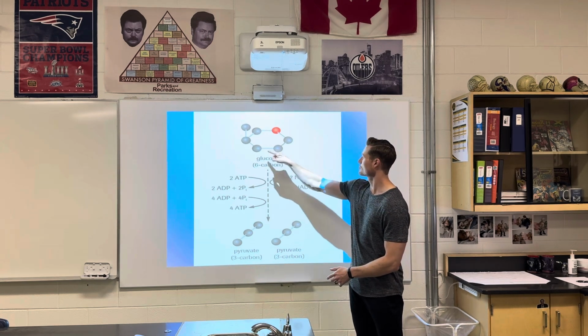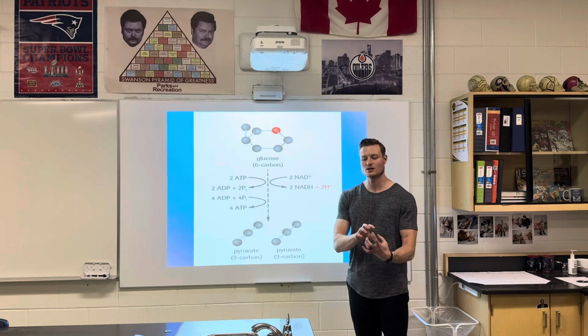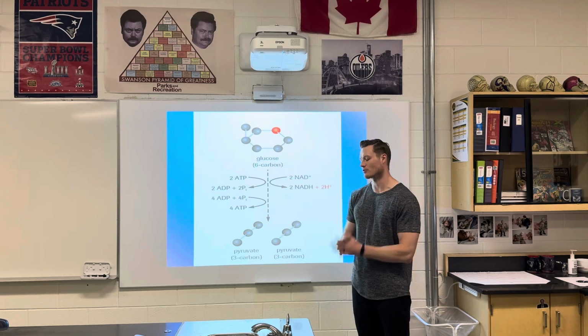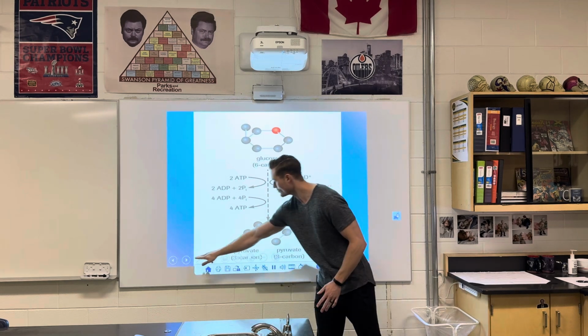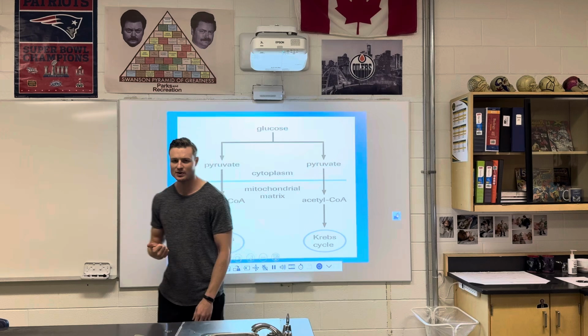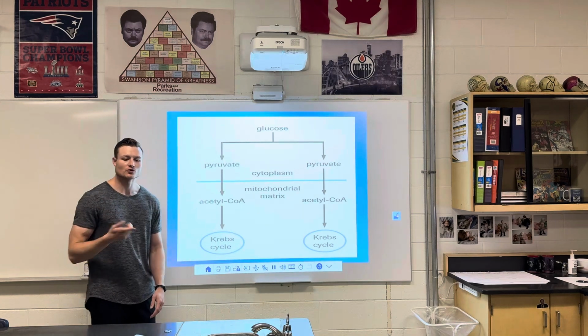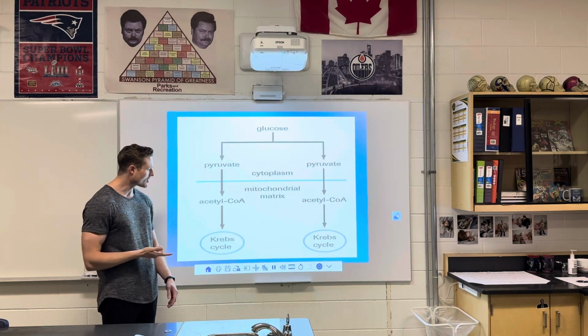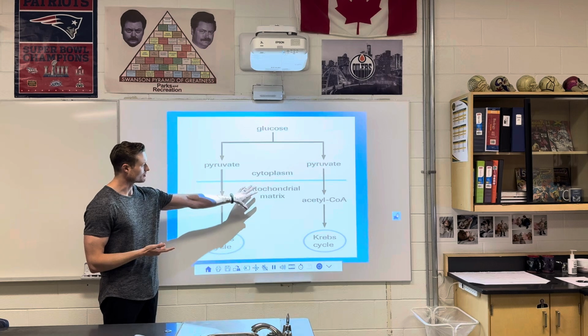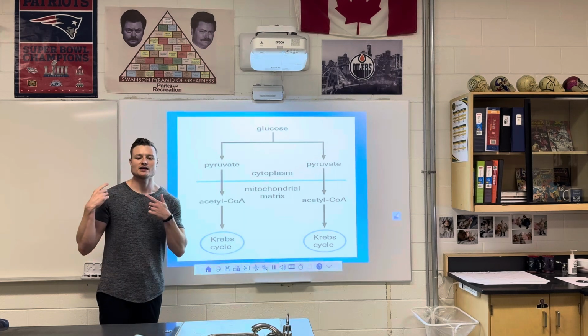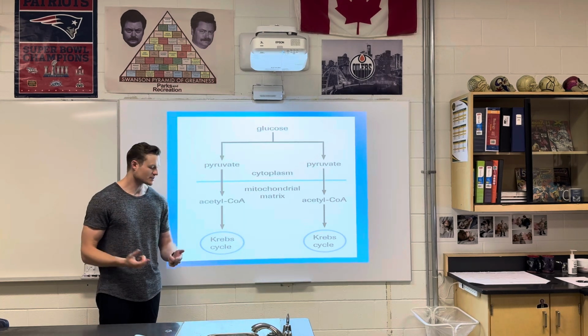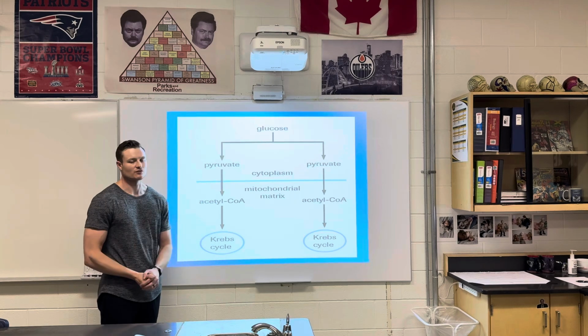So we have 1, 2, 3, 4, 5, 6 carbons to begin with. Now we have 2 3-carbon molecules. So what we're going to end up doing is taking each pyruvate, running it through a round of what we call pyruvate oxidation, which will occur in the mitochondria, and then taking each of those products and running it through a round of Krebs cycle.